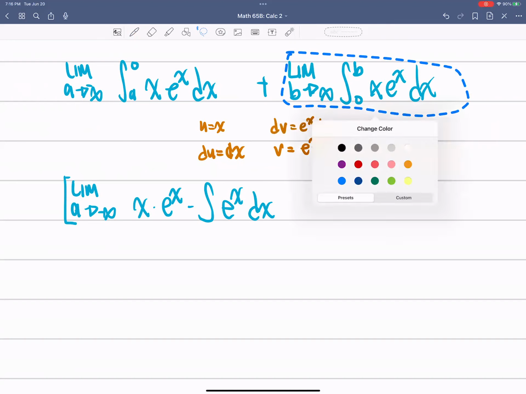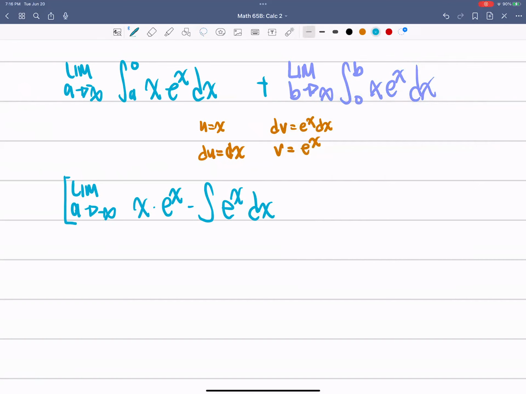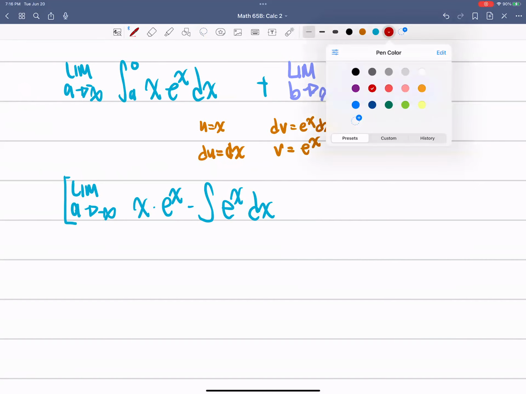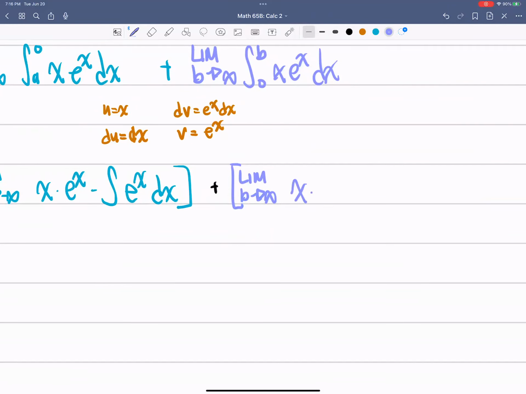Then the limit as b approaches infinity of u times v, x e to the x, minus the integral of v du, e to the x dx.